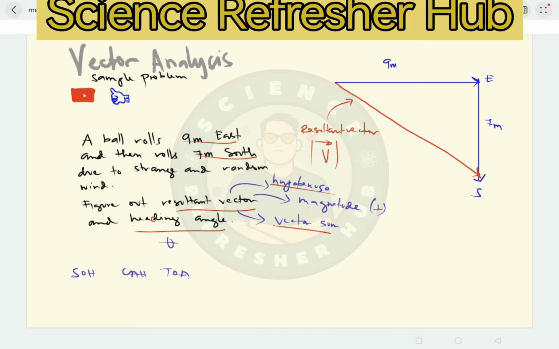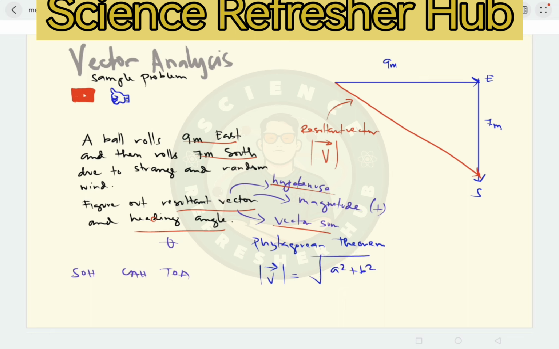In order to get the value of our resultant vector, we need to apply the Pythagorean theorem in our formula. The magnitude of the resultant vector is just the square root of a squared plus b squared.